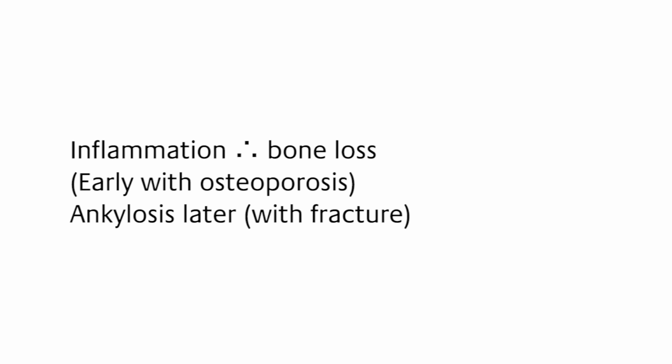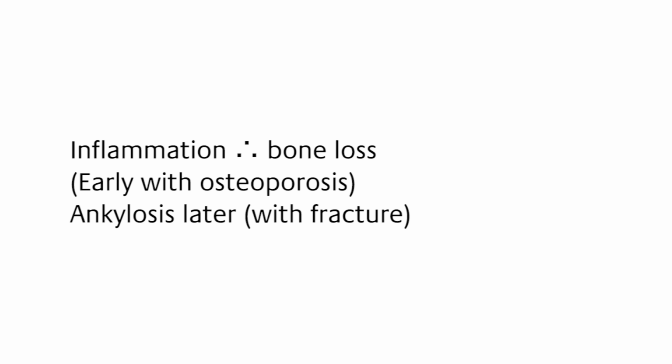Early in disease, when there's inflammation, patients lose bone and they can develop osteoporosis, which is also a risk for fracture. And then later they fuse their spine, and now you've got a weak bone that you've fused, and that's a high risk for fracture. So we'll talk about how fracture is a complication in relation to long-standing ankylosing spondylitis.